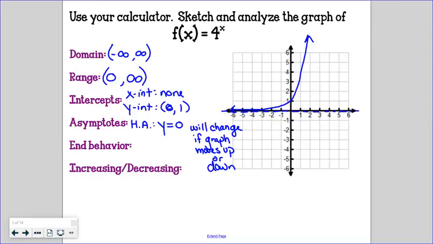Your end behavior is a little bit different too, because we are used to them kind of matching on both sides. But in an exponential graph, they will not match on both sides. If we look at this function on the left-hand side, our graph is flatlining at the horizontal asymptote, so flatlining at 0. But on the right-hand side, where is our graph headed?